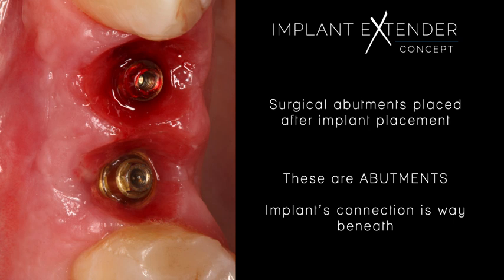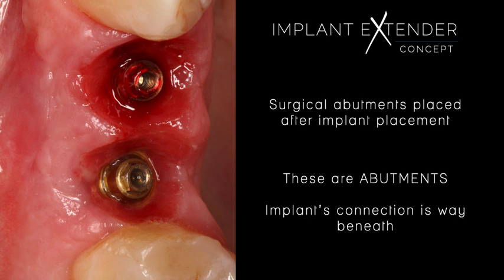So as we've seen, I've used the implant extender concept, which is after all one abutment, one time concept. So surgical abutments were placed immediately after implant placement, which means in the surgical procedure.